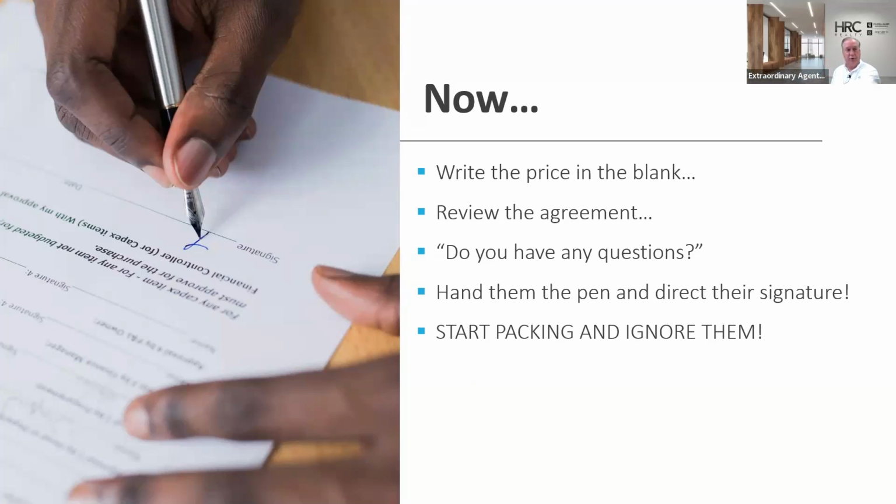I put the paper in between the two of them. I put the pen in between the two of them. One of them will take it. I'm pointing and handing the pen. I don't care who signs first. Absolute definite technique.